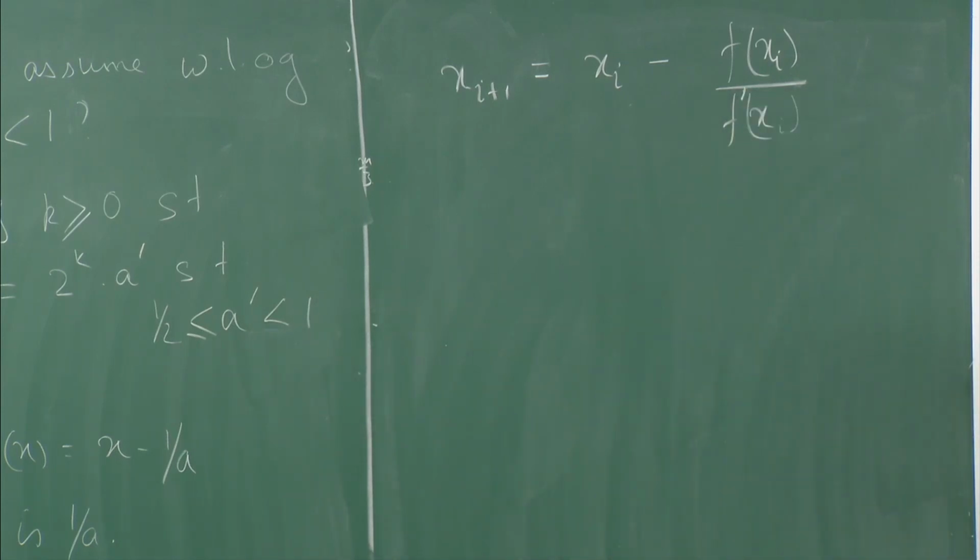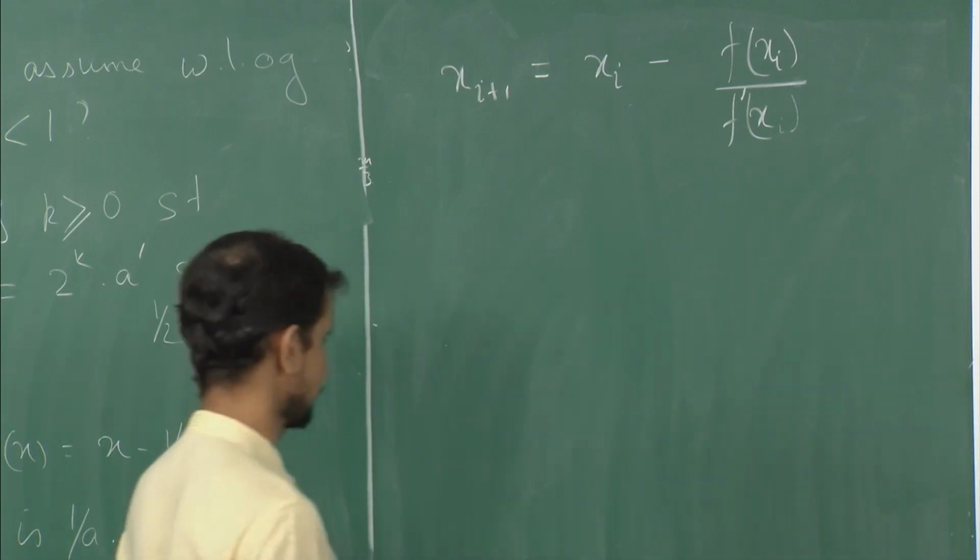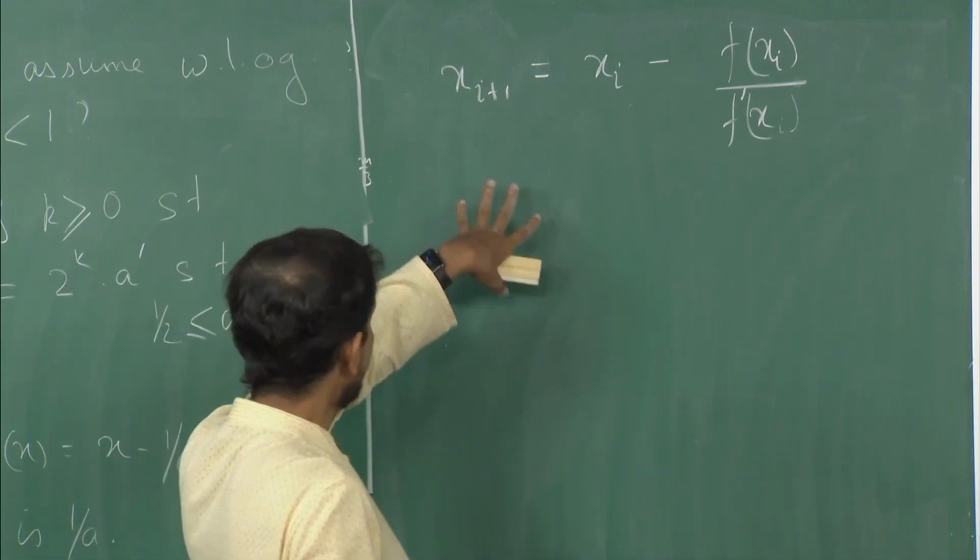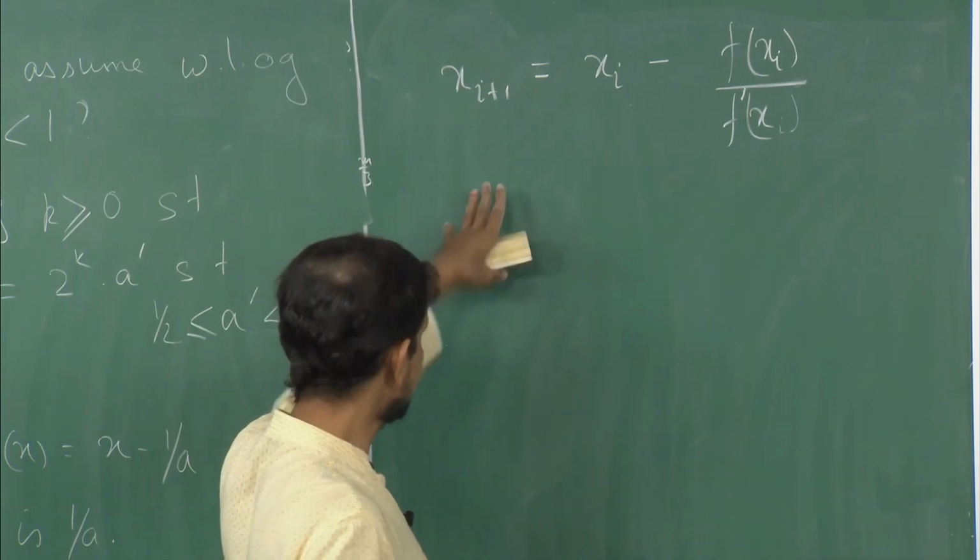This is how we get closer and closer approximations of the root. Now what is f prime of xi?